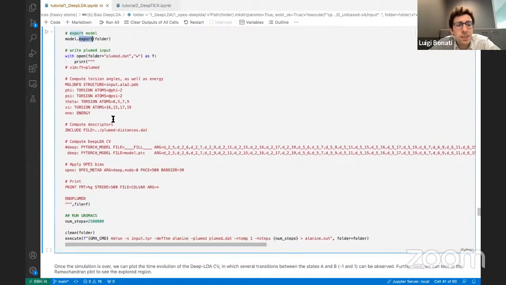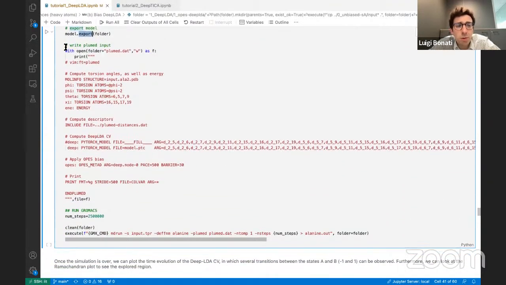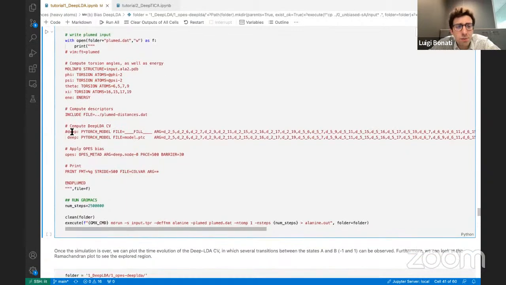And as we see here, the PLUMED input file is very similar to the previous example. What we added is that we first compute the descriptors. As you have seen, the descriptors here are the list of all the 45 distances, in a separate file, PLUMED distances.dat, for convenience.